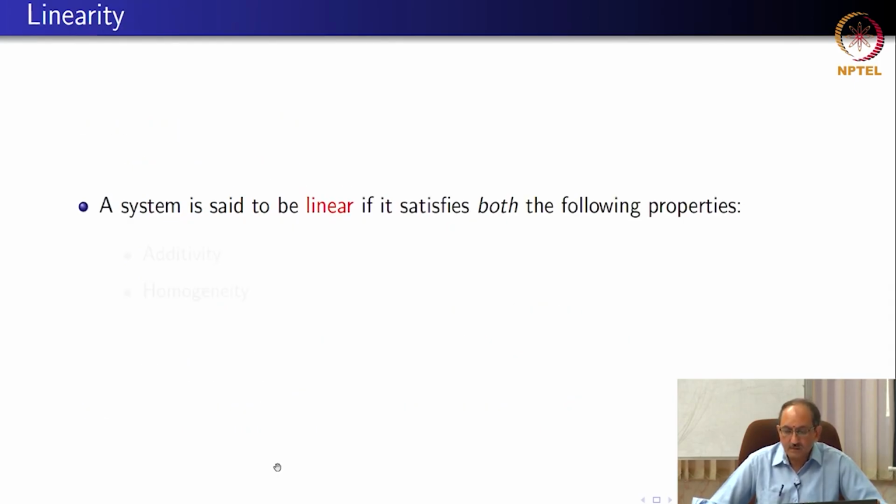Linearity involves two sub-properties, which are, not superposition, yes, additivity and homogeneity. So the system has to be additive as well as homogeneous.